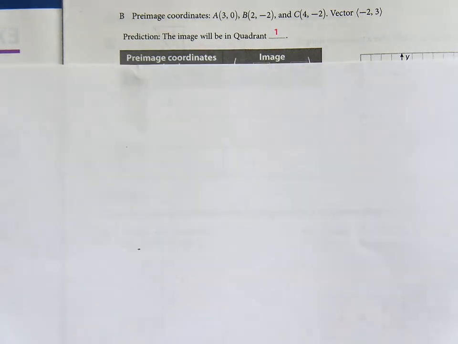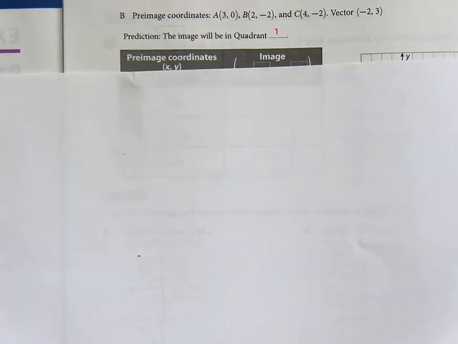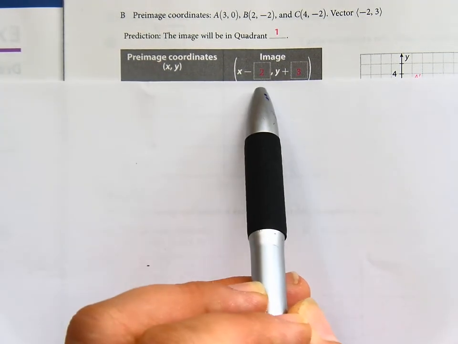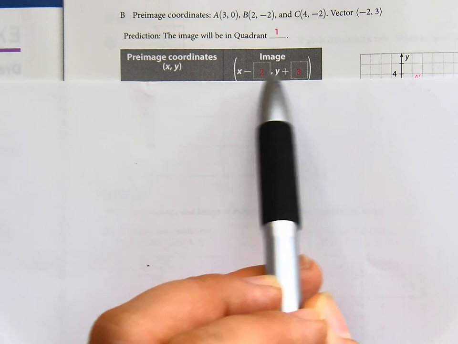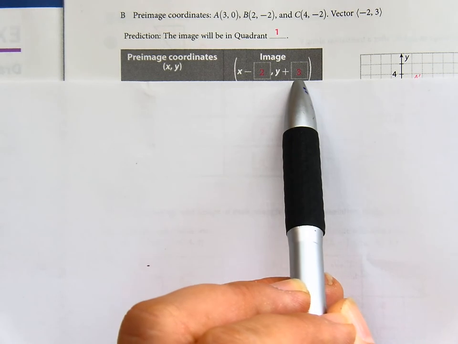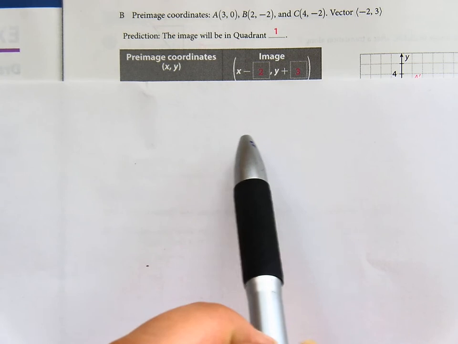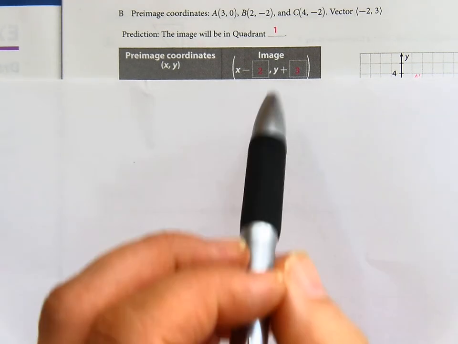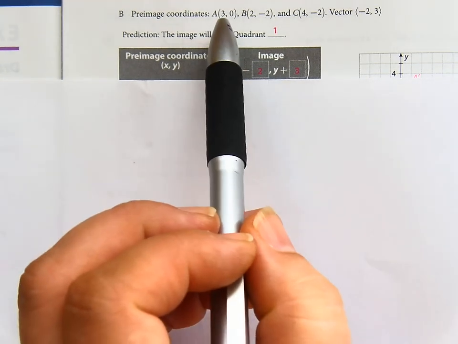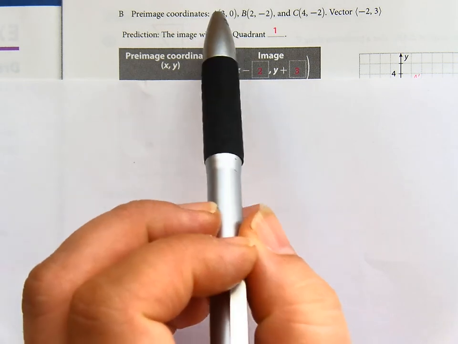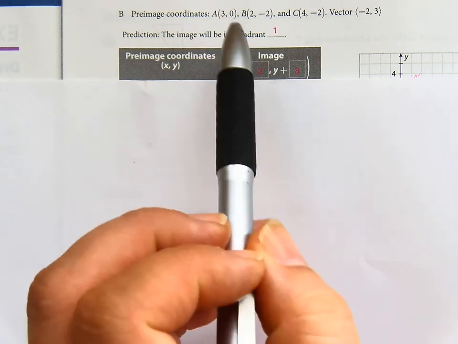So let's look at our images and our estimates. If you add -2 to each x and add 3 to each of your y's, what is it going to be? Go ahead and pause the video right now and start doing that. Go to each one of your coordinates, subtract 2 from your x, and add 3 to your y.